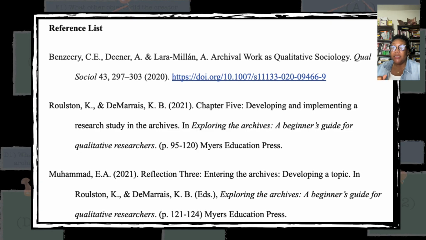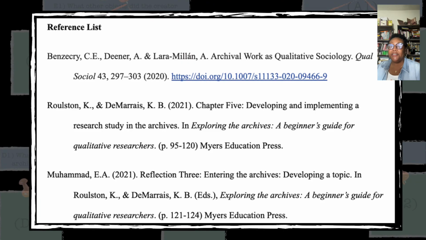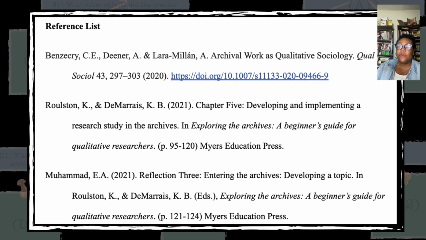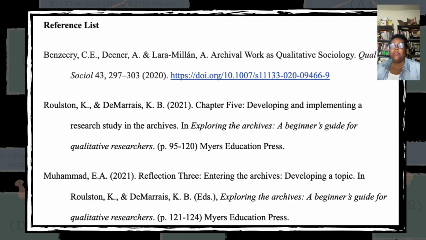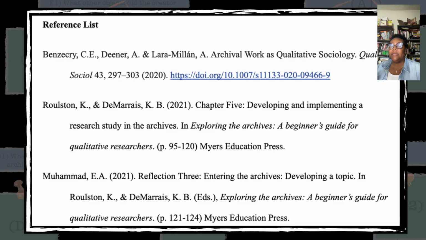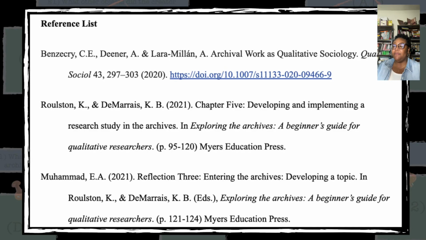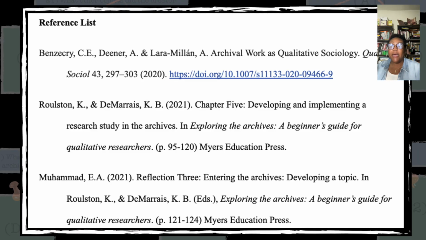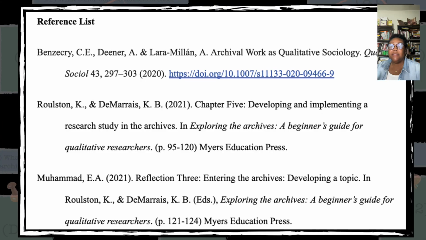Now, additionally, the reading Archival Work as Qualitative Sociology is paired with the book to help us consider how we may assemble or reassemble the archives around a certain topic. So this assembling and reassembling could include researching the object within the context that the museum or archive presents it, or removing it from that context to remove blind spots, to expand the research and see what information in the archive is missing.